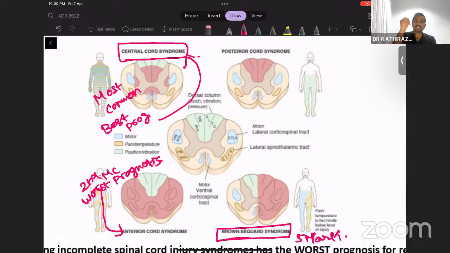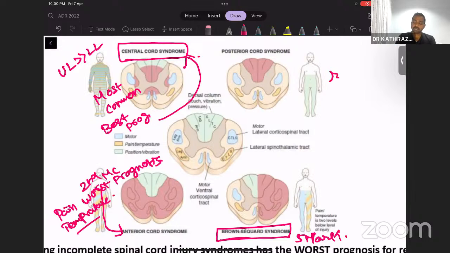You all know central cord syndrome has dissociative weakness, which means the upper limb is more affected than the lower limb. Anterior cord syndrome is damage to the spinothalamic tract. So pain and temperature are predominantly affected and it is not going to recover.